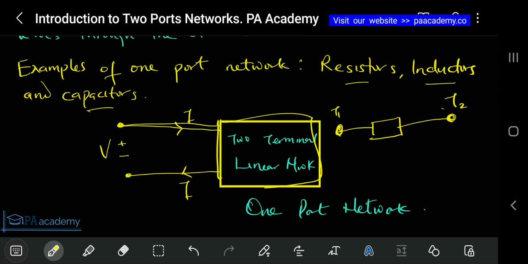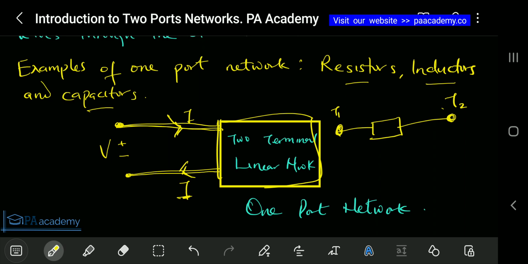This is the input, where the current goes in, and through the other side the current moves out through the other terminal. These two here are what we call terminals. In summary, when we talk about one port, it has a pair of terminals, and a pair of terminals means it has two terminals.